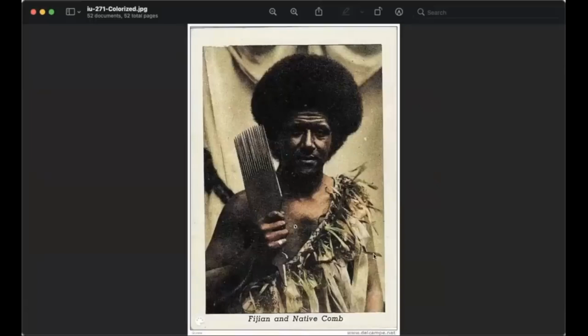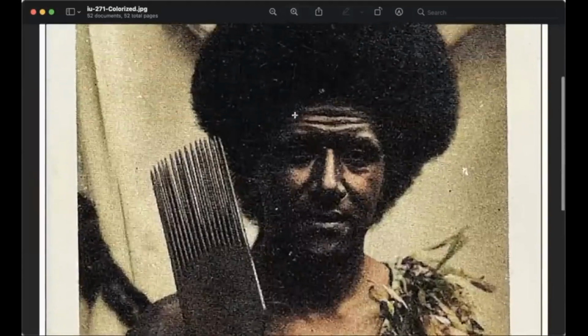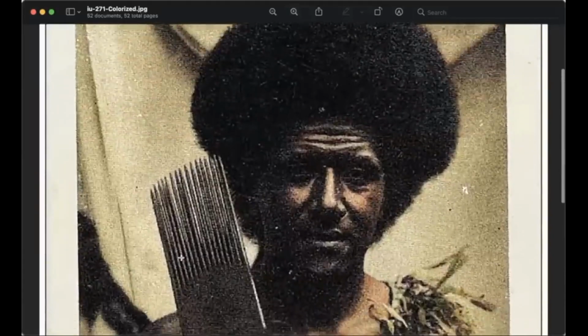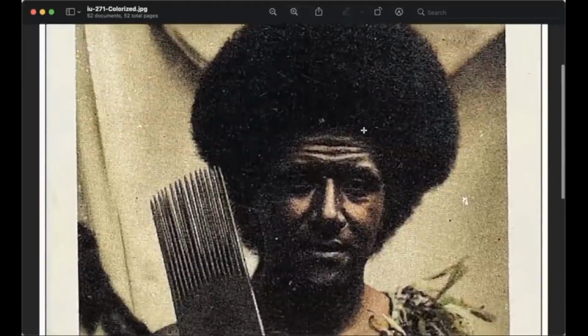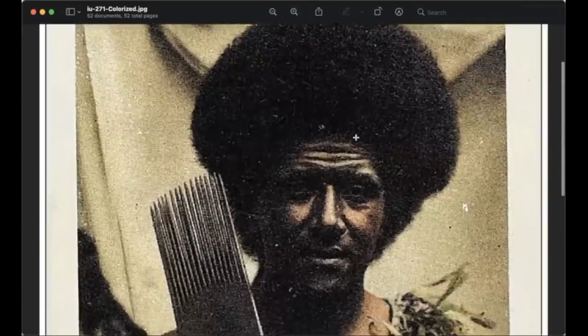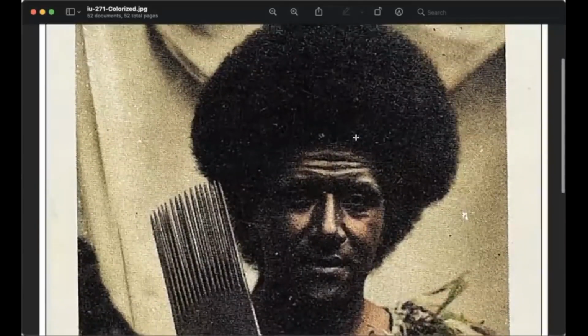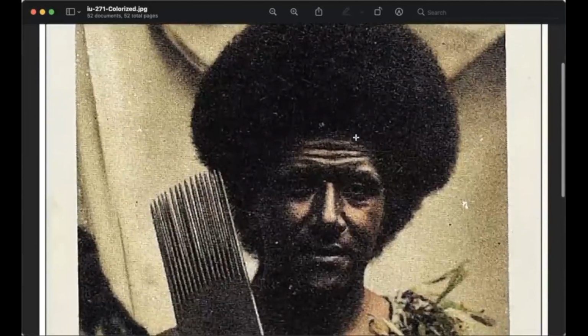Right here we have a Fijian with a native comb, as it says here. He got a comb, he got to pick out his afro. He got an afro pick, right? Again, the book told us they were bringing Southeast Asians and Indian subcontinent people over to Mexico. Now, we know a lot of those people also end up in the Caribbean as indentured servants.